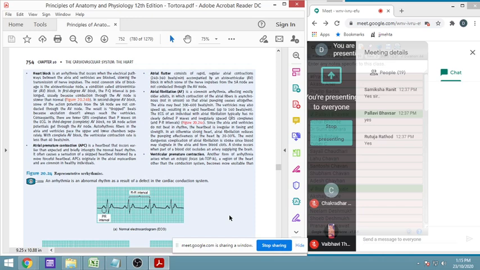Actually atrial firing is comparatively more, the atria is having more impulses. Okay, so some of these are not going, and because of that they are dropped, and this dropped beat will show the excitation. This doesn't reach. There are fewer QRS complexes than P waves in the ECG. The third degree is known as complete AV block.